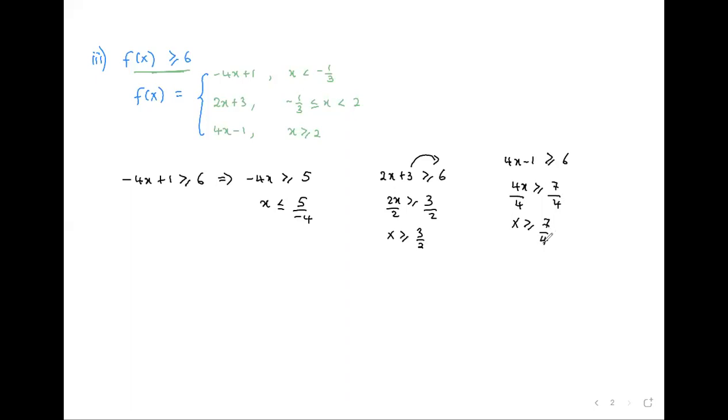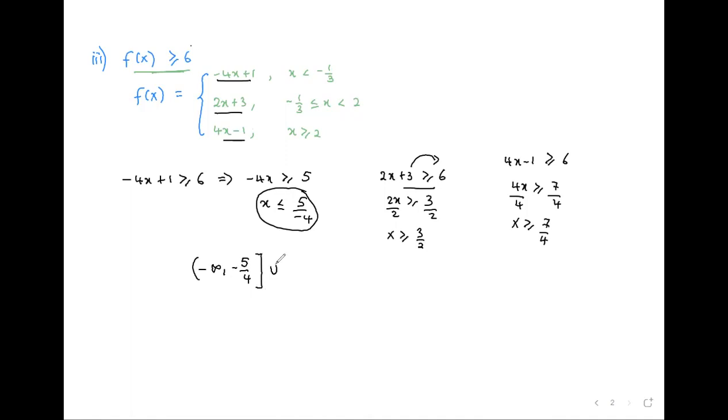Meaning that we are picking each piece of f and saying it is greater than or equal to 6. The first one is the same as saying negative infinity up to negative 5 over 4, and this is included.